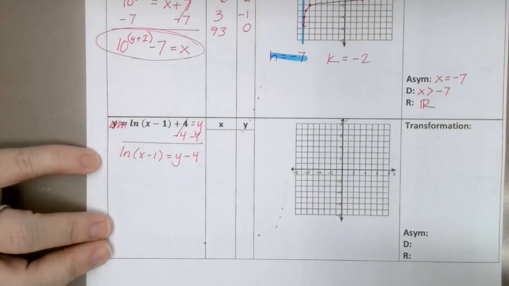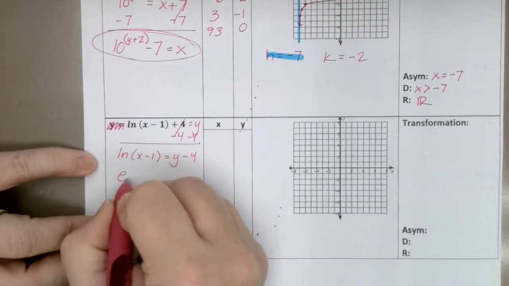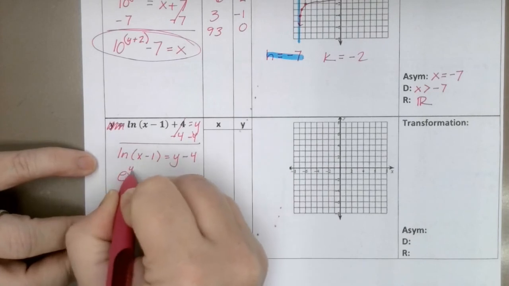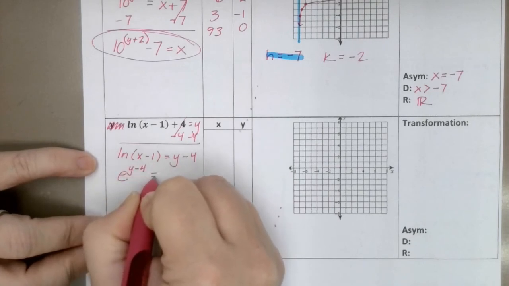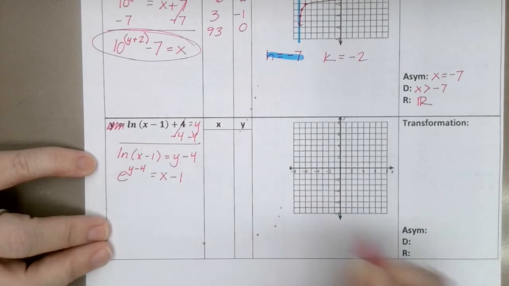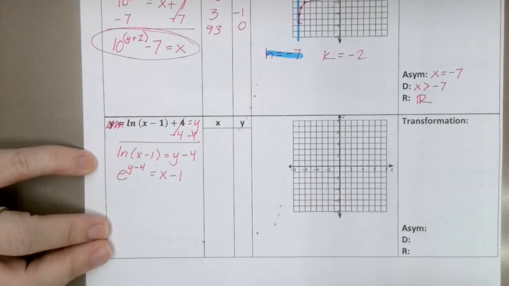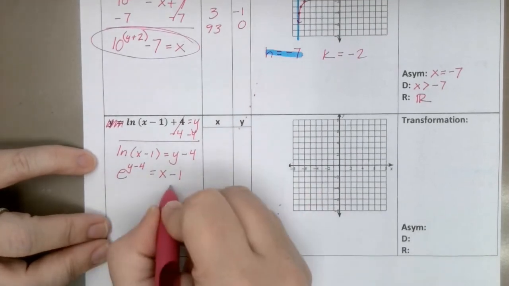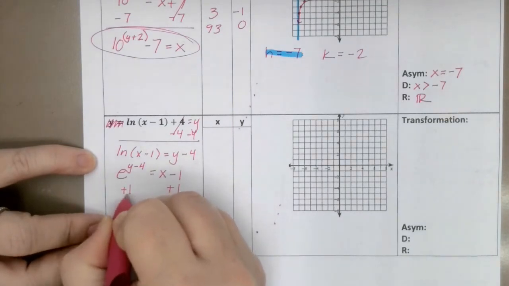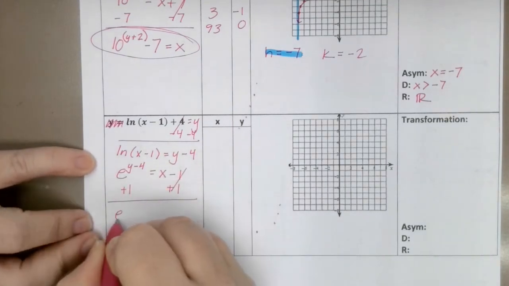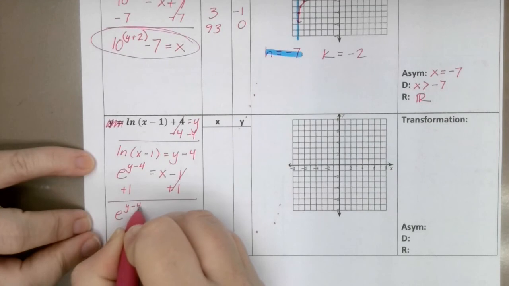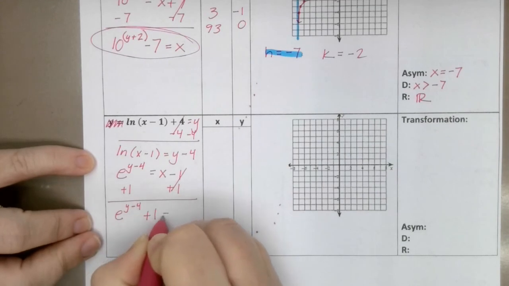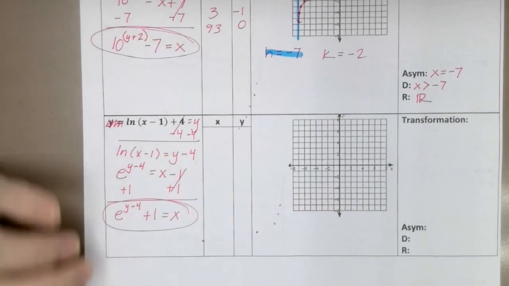Exponential form. What's my base? To the what power? Y minus 4 equals x minus 1. Now what? So e to the y minus 4 plus 1 equals x, and that's my equation I'm going to plug stuff into.